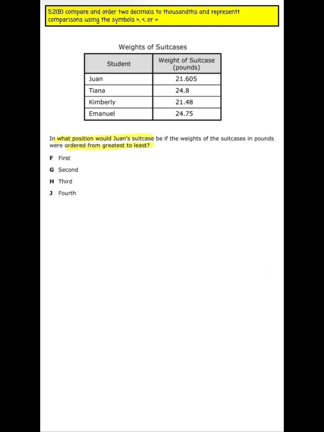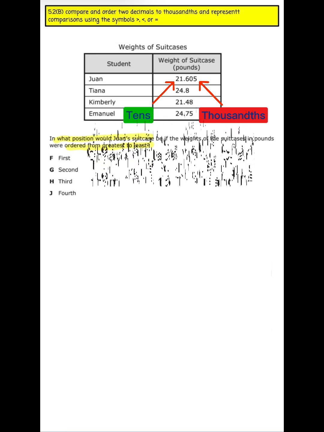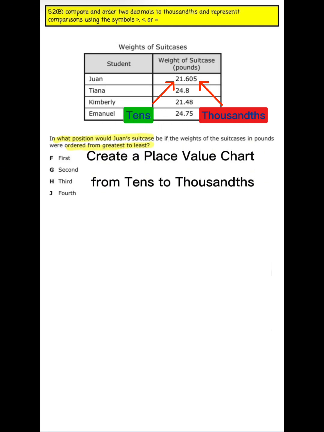When I look at the weight of Juan's suitcase, I see that the 2 is located in the largest place value position, which is the tens place. The 5 is located in the smallest place value position, which is the thousandths place. So this tells me that I will create a place value chart that goes from the tens place to the thousandths place. So let's go ahead and create our place value chart.